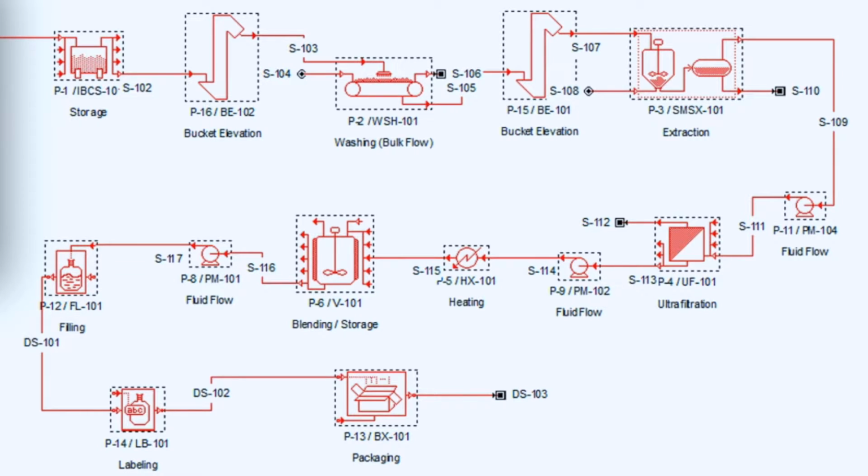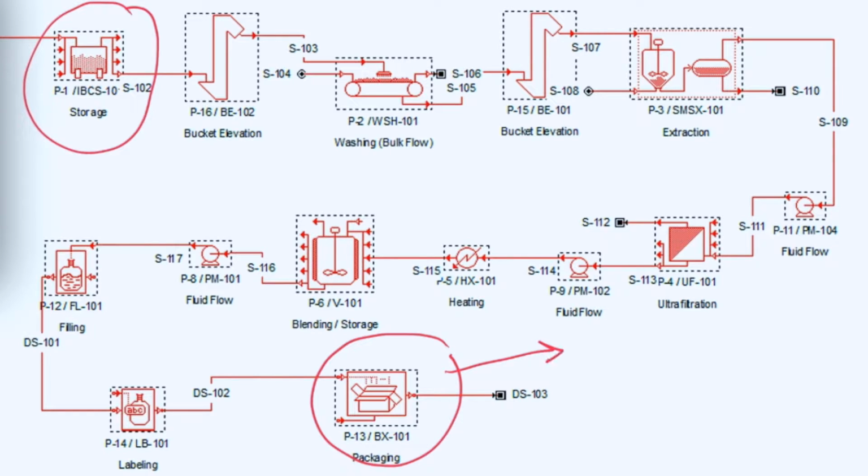So in this flow diagram, you can see the full stream and piping system involved in producing orange juice from start materials up to packaging where the final goods are.